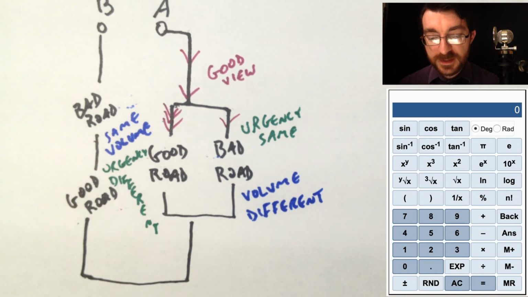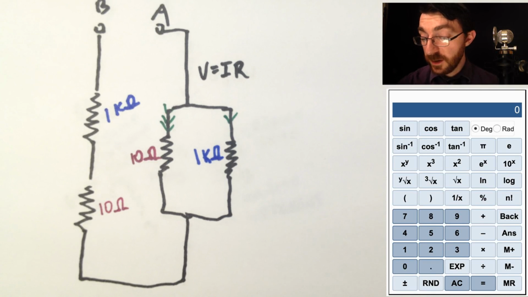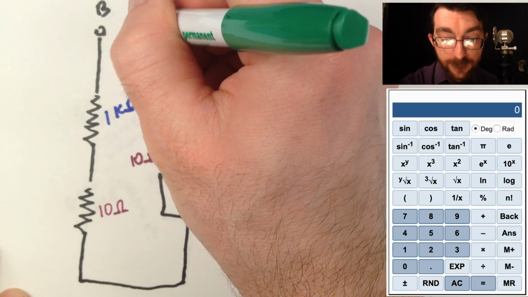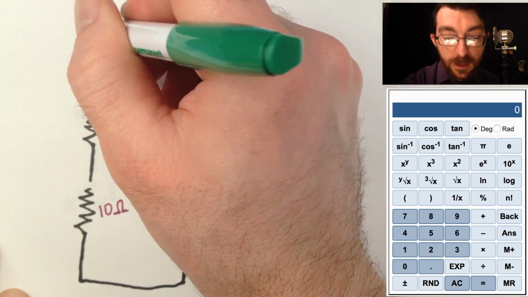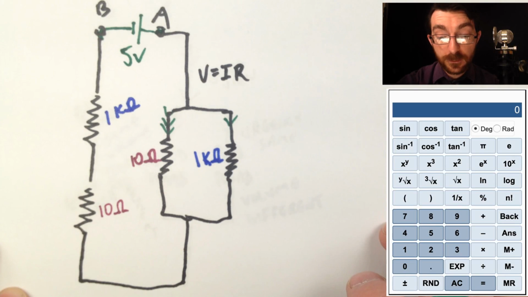It's the same idea. Okay, so let me just fix this circuit. I'm going to put a battery in it, and I'm just trying to keep all the math super duper easy, so I'm going to just put a 5-volt battery on it. So let me go ahead and do that. Okay, now it's a complete circuit, 5 volts.